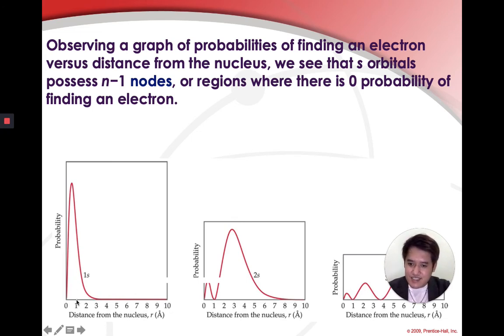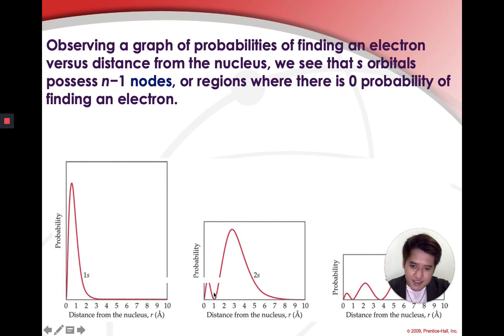At a certain distance, more or less at 1, there is a high probability of finding an electron in the s sublevel. The second graph tells us about two s sublevels in an atom. At this area there is a high probability, and here there is also a high probability, and it will be shown later on what this means.